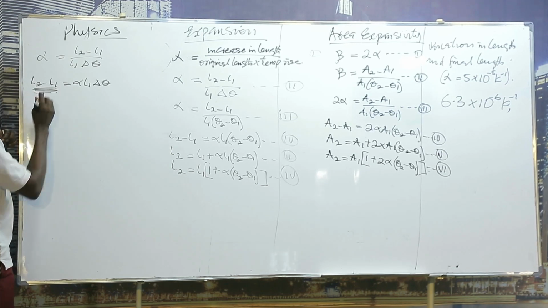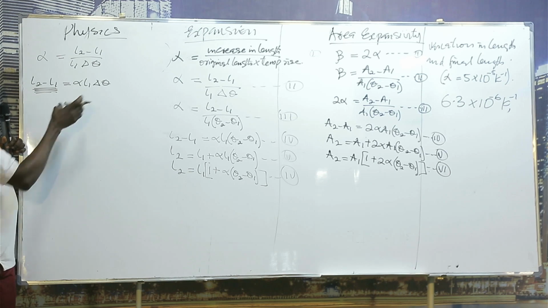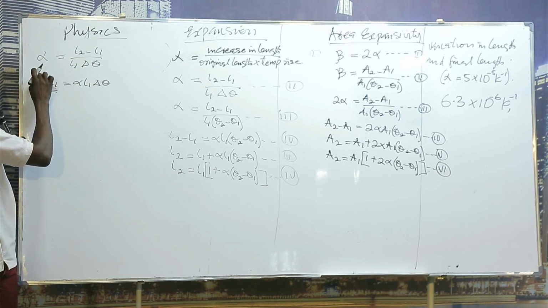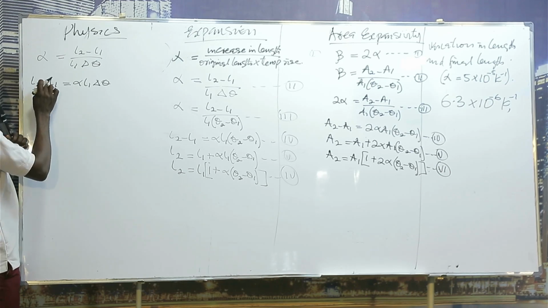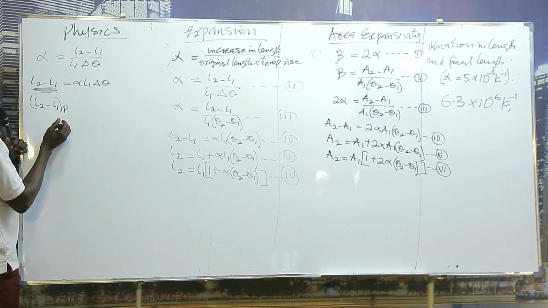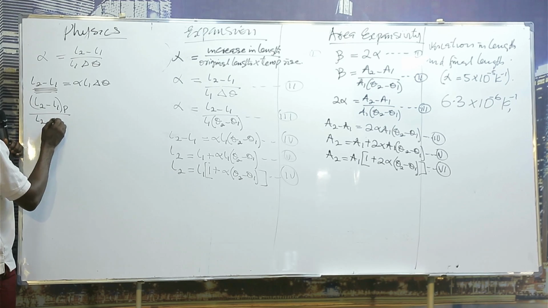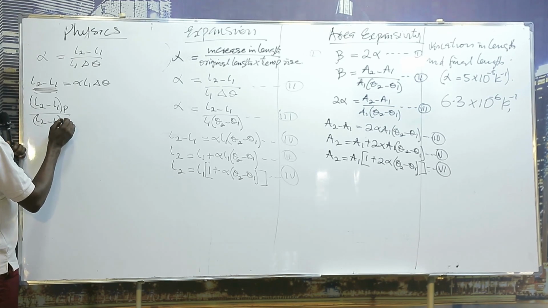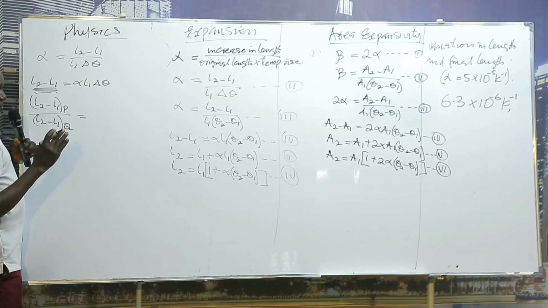I will no longer bother. I will just carry this one direct for each of them, because I am looking for their ratio. So for the first one, L2 minus L1 of P divided by L2 minus L1 of Q is the same as, look at the board now.